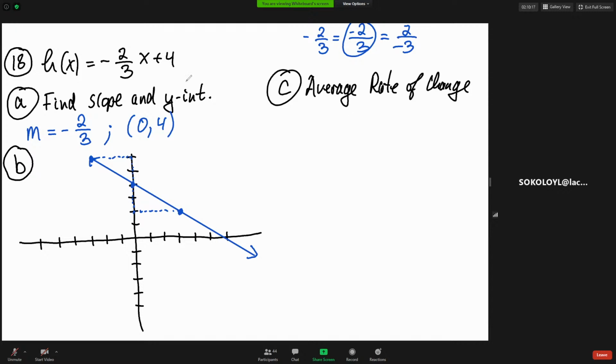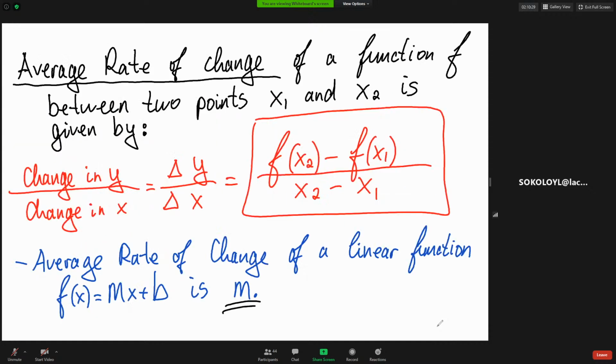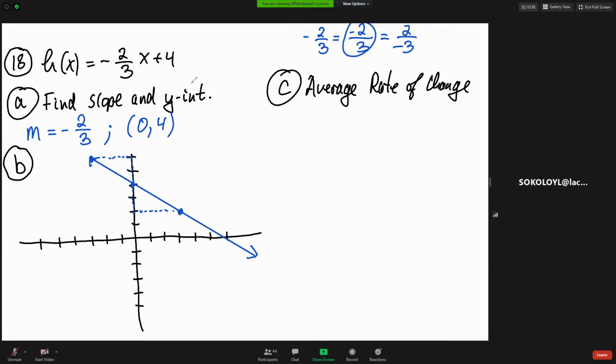And here we could either do it the long way by picking 2 points, and especially because we aren't even given 2 points, we have to realize that this is the theorem we're going to use here, that anytime we're looking for average rate of change for any linear function, it's always the slope. And since we already know the slope, then the average rate of change here is exactly that. We don't even need to do any calculations. We already know what the slope is. So that's what that theorem tells us.